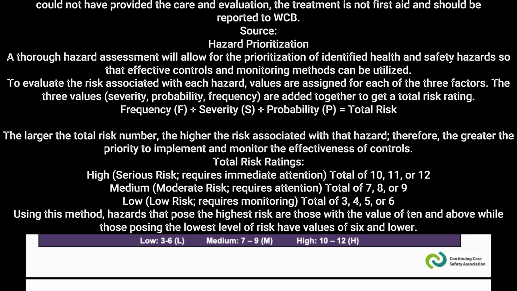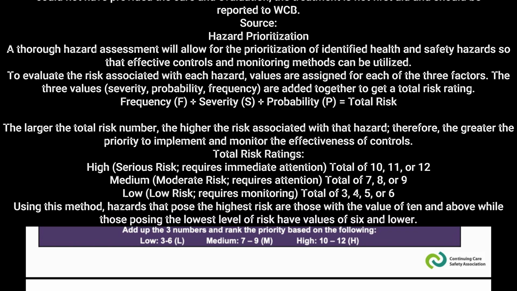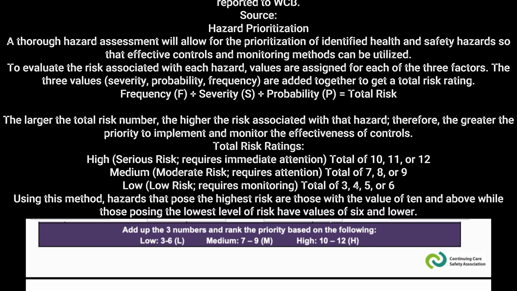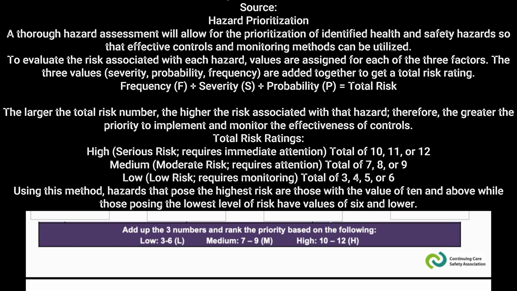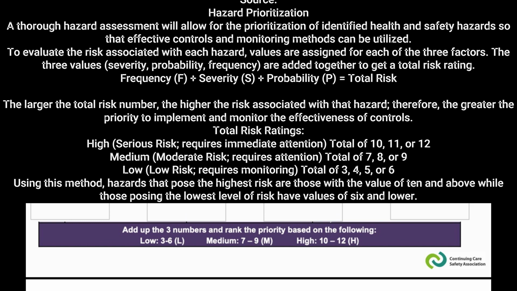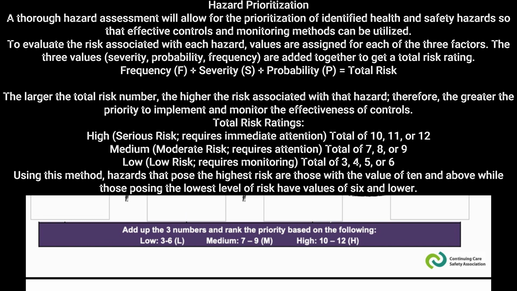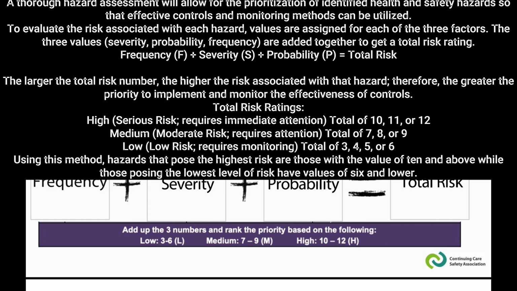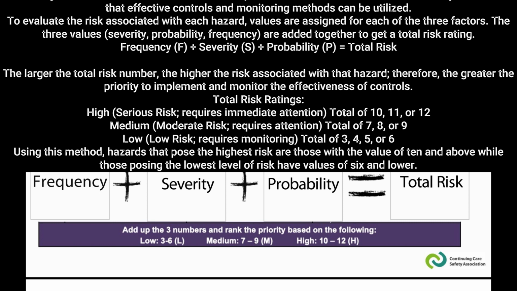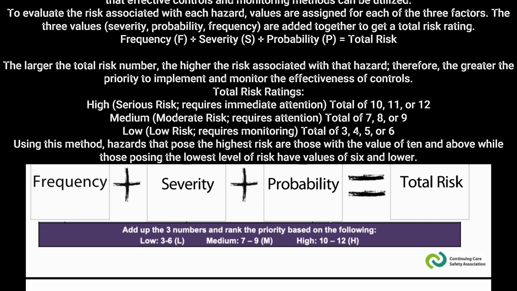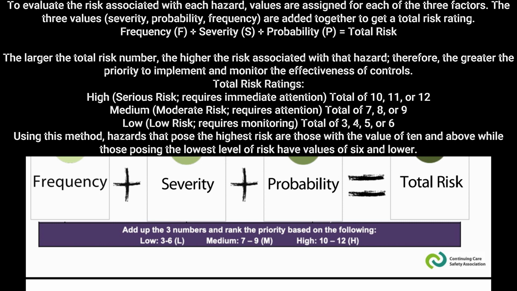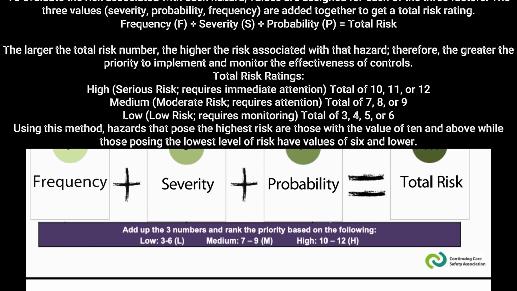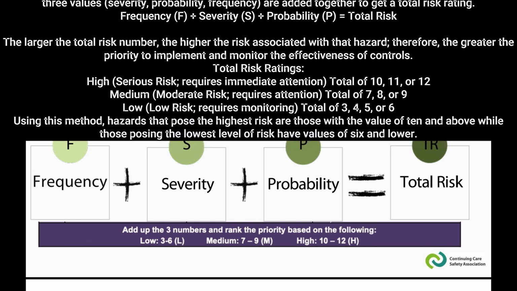The three values, severity, probability, frequency, are added together to get a total risk rating. Frequency, F, plus severity, S, plus probability, P, equals total risk. The larger the total risk number, the higher the risk associated with that hazard, therefore, the greater the priority to implement and monitor the effectiveness of controls.